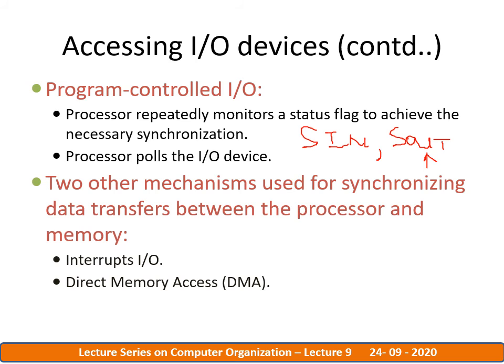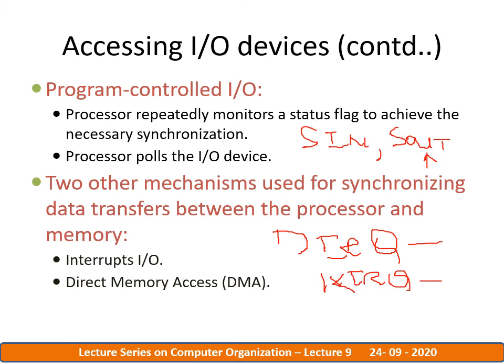So when we are using SIN and SOUT in the buffer status flag, one more register, that is status flags, is used as a display interrupt request and a keyboard interrupt request signal. These signals send data to the display unit as well as the keyboard unit, the output unit and the input unit.